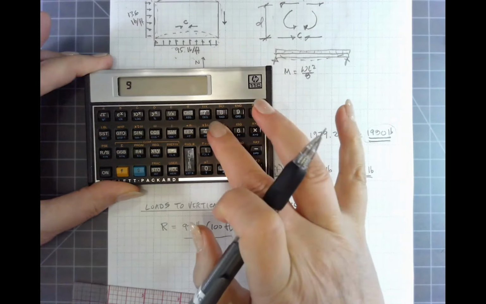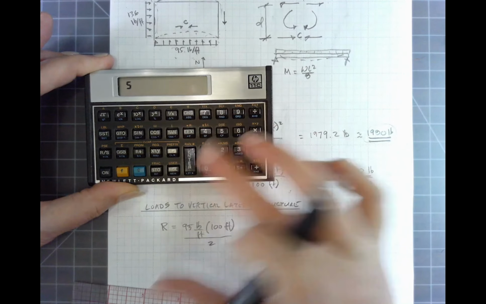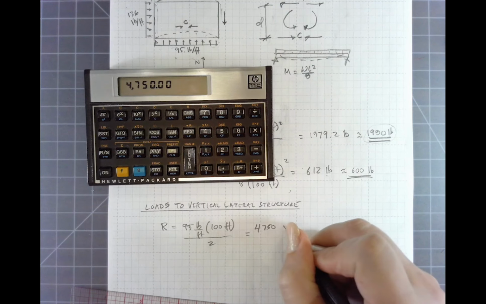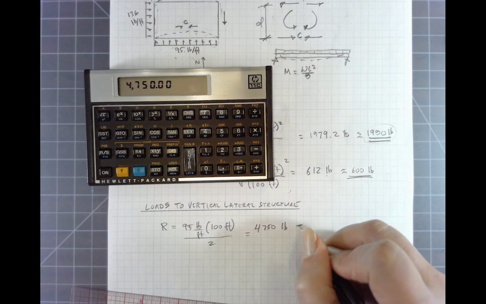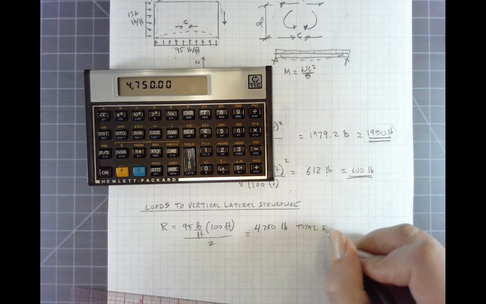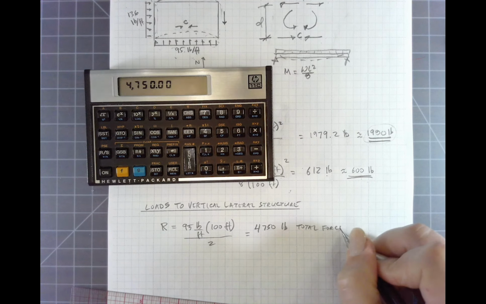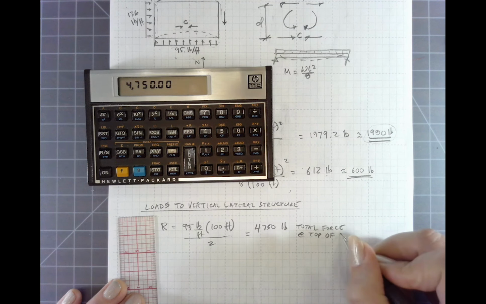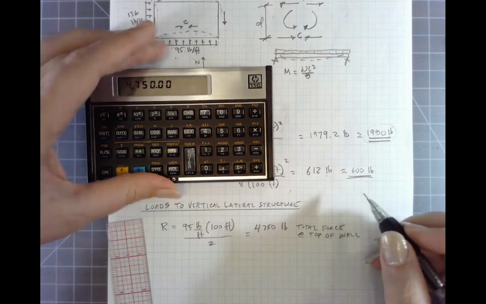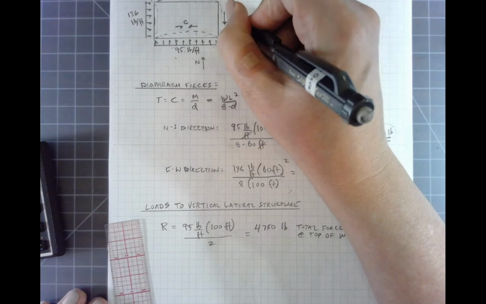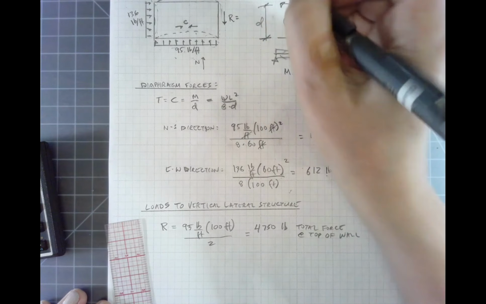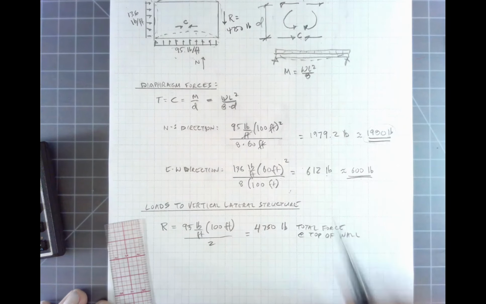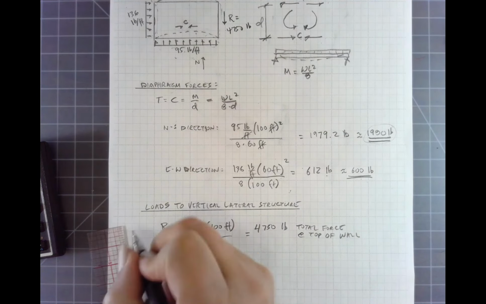So that's the same thing as 95 times 50. So 4,750 pounds is the total force at the top of the wall. So that is here. That's our value. R equals 4,750 pounds. This is in the north-south direction.